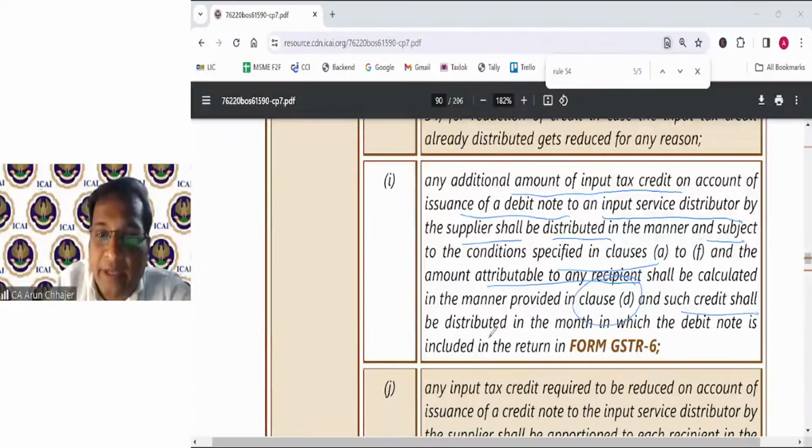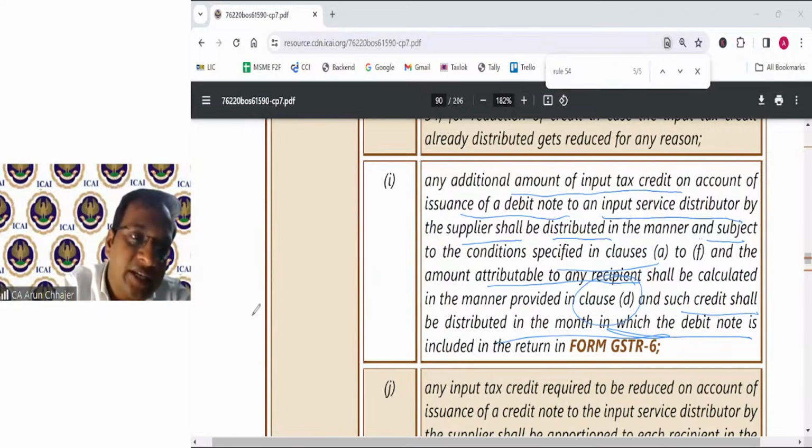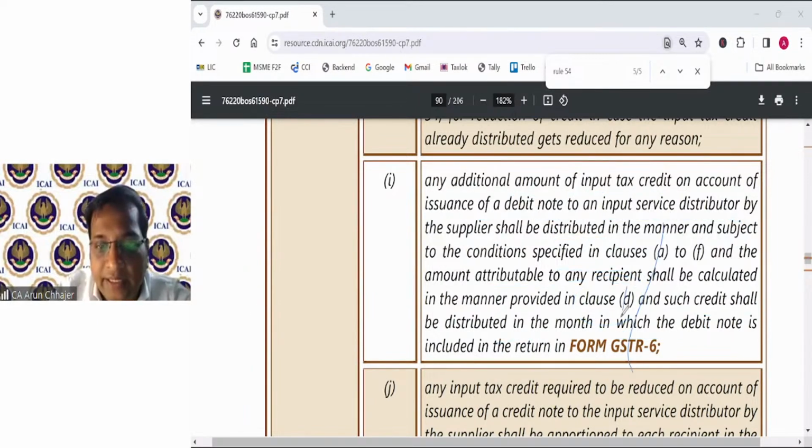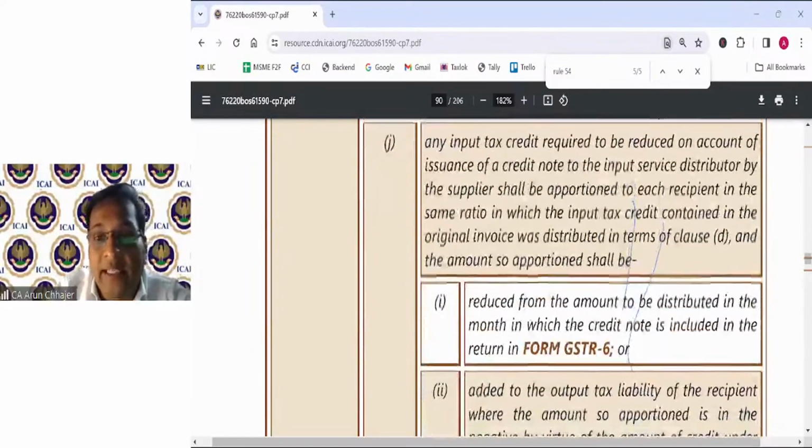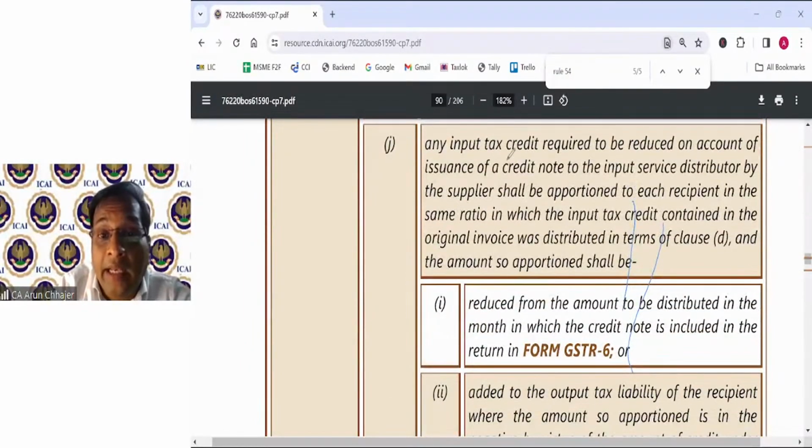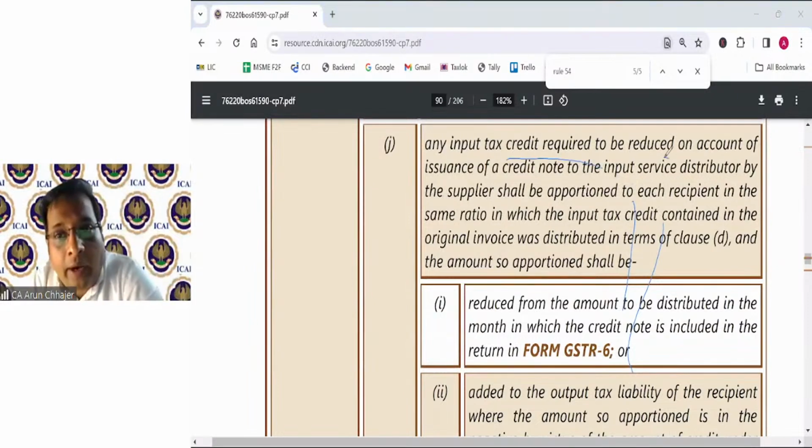And such credit shall be distributed in the month in which the debit note is included in the GSTR 6.